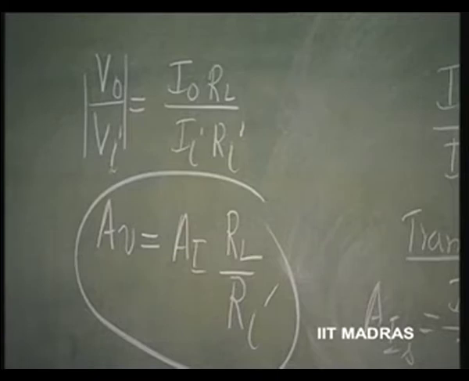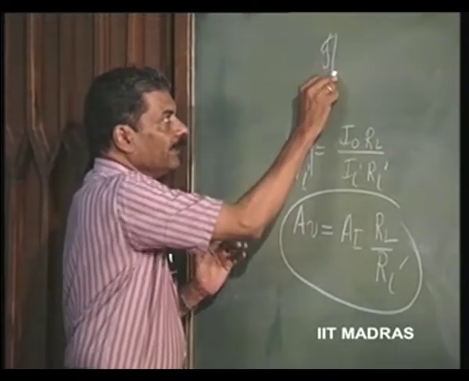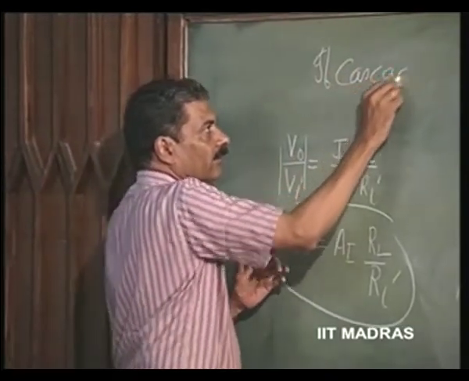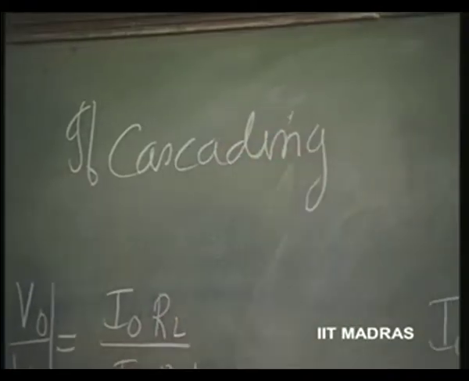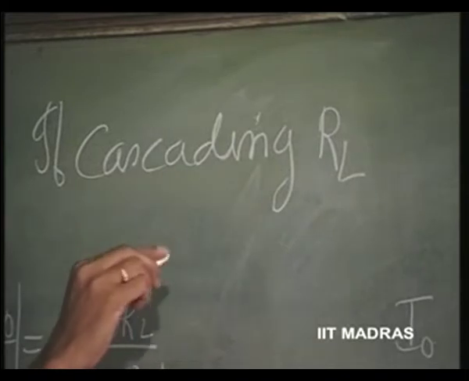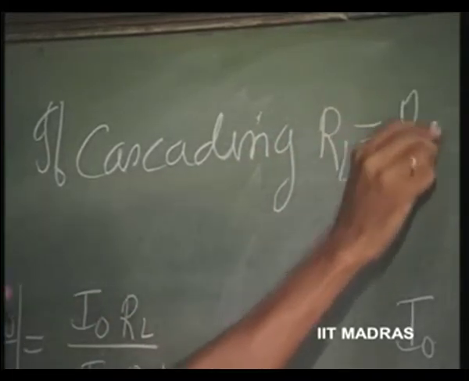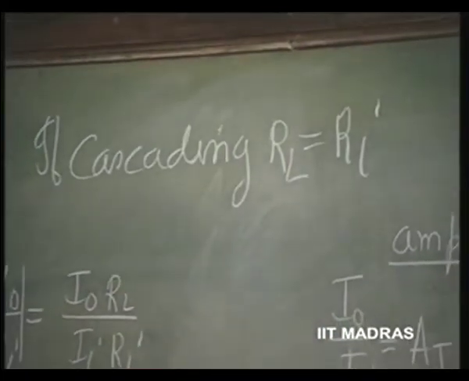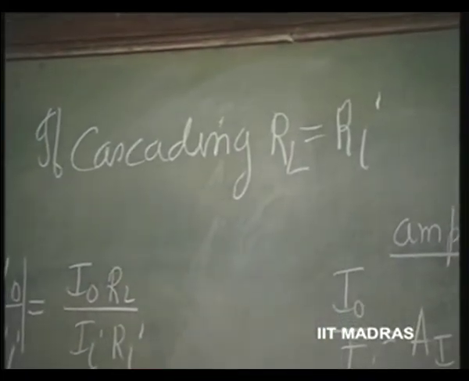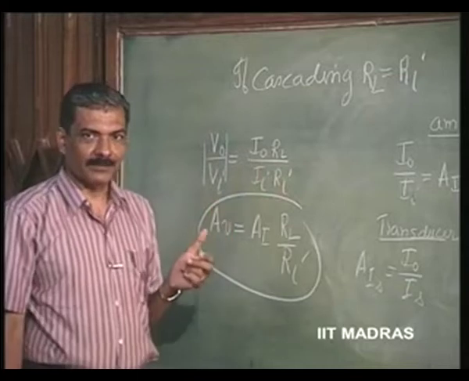So, suppose I am cascading. At the cascading point, RL, the load for one amplifier, is the same as the input resistance of the other amplifier.